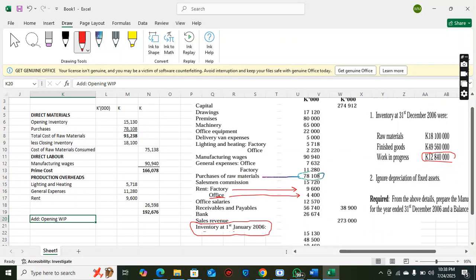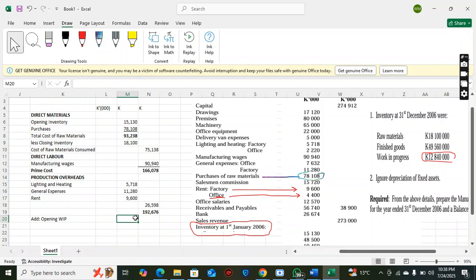Yes, you add opening work in progress and you subtract. Wait, what's your question? Sorry, you've lost me there.